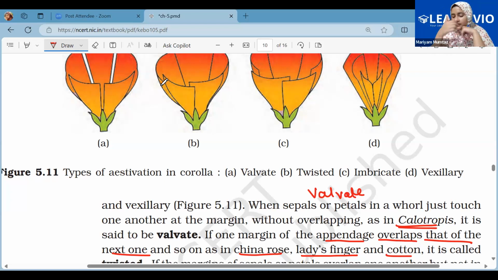Okay. Now the third type of estivation is imbricate estivation.